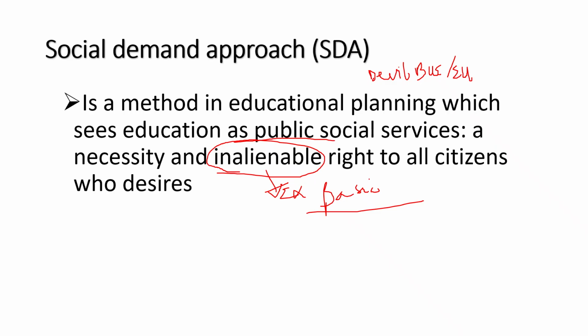For example, in Tanzania, under the current education and training policy of 2014, version 2023, we are now implementing the so-called compulsory basic education for all. Compulsory basic education for all starts from pre-primary to lower secondary education.